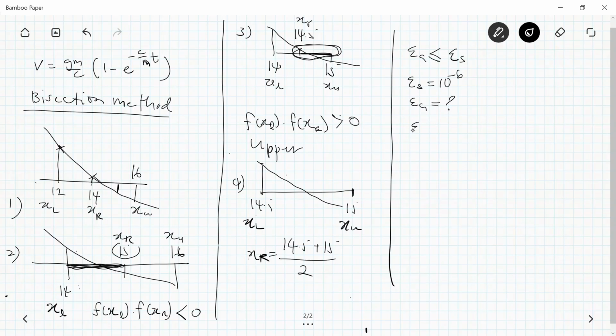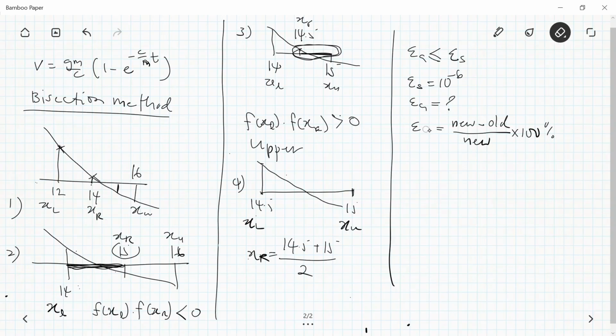Remember, EA is the new root minus the old root, divided by the new root, times 100%.